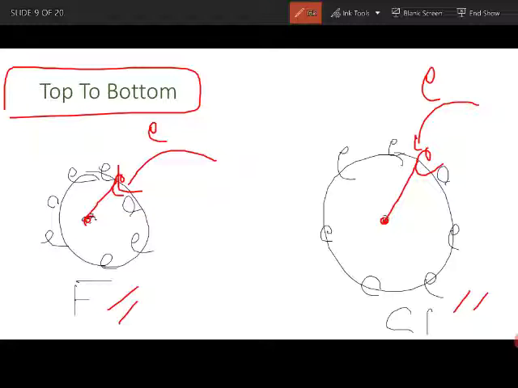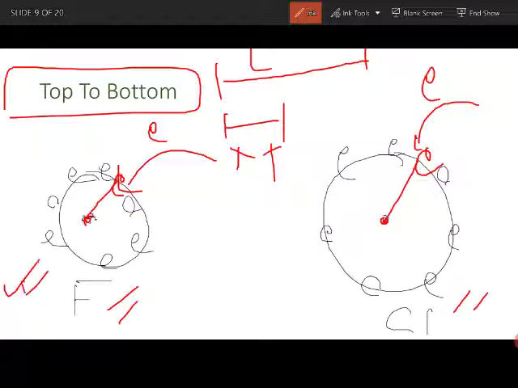Now you tell me, if you have a longer distance and a shorter distance, what happens to the attraction? Here the attraction will be less, here the attraction will be more. That means in this case there will be more attraction between the nucleus and the electron. So fluorine can accept or bind the incoming electron easily.